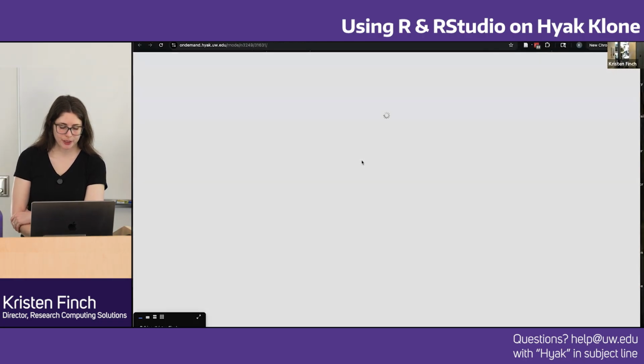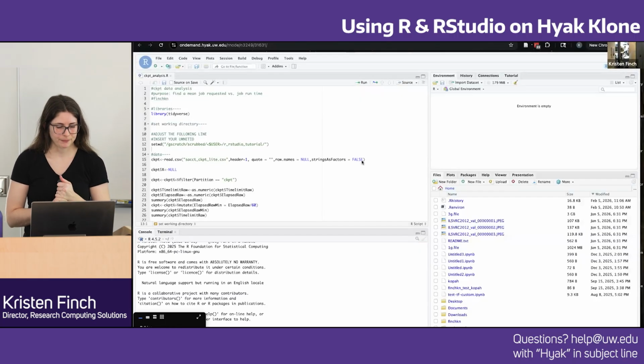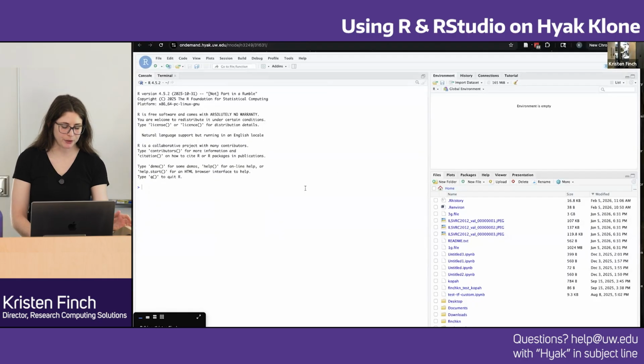Once you get into R, hopefully it won't be super laggy. Okay. So I have, again, my Scratch. I did some of these things before, but if you go from the tutorial screenshots, it looks kind of like this.